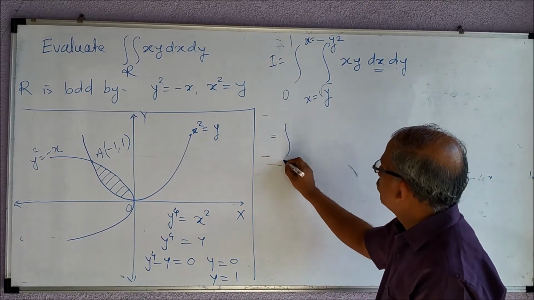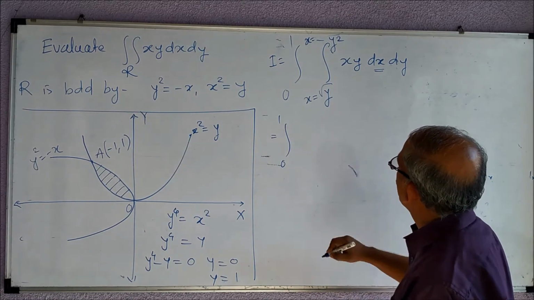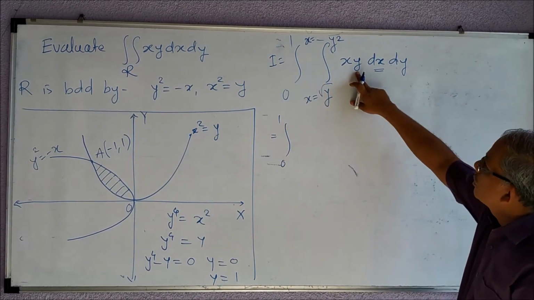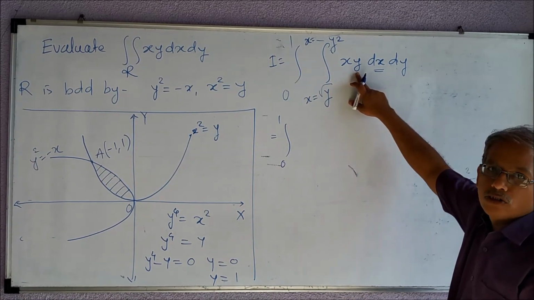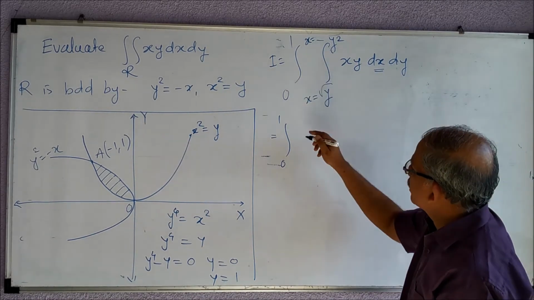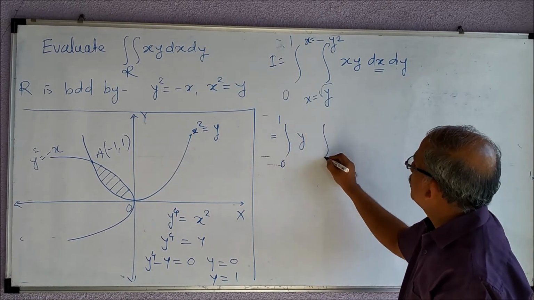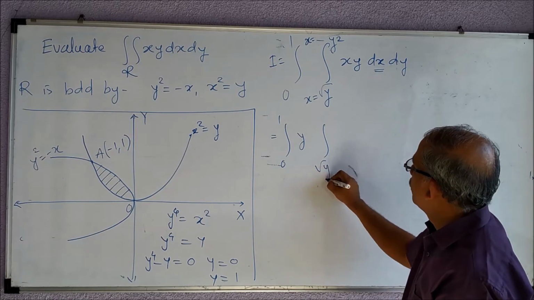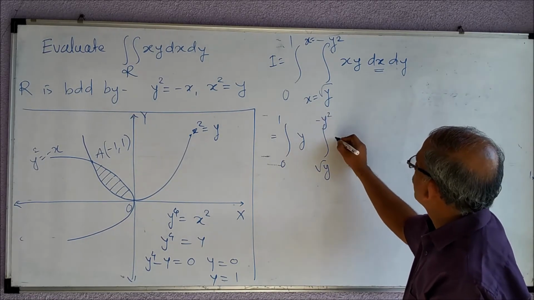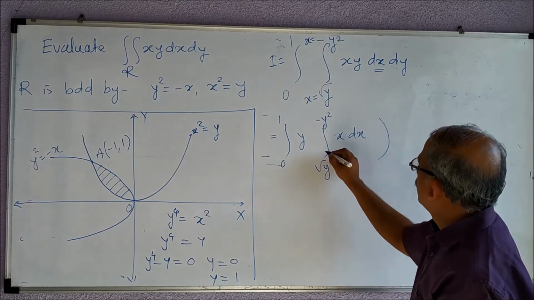So this is equal to integral 0 to 1. Okay, see that here this y is acting as a constant, so I can put it outside the integration limit, and I say integral from root y to minus y square of x dx and then dy.